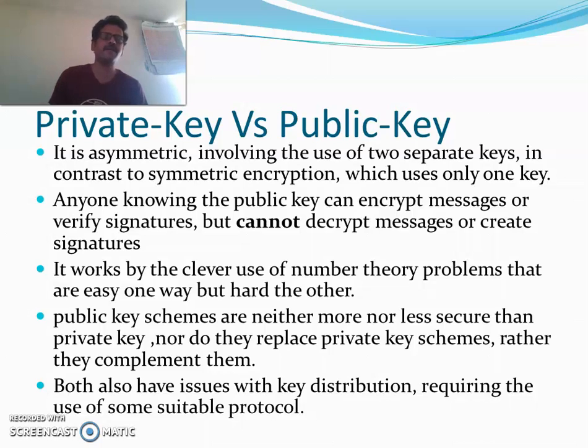In the case of private key cryptography, if the hacker deduces the key, whatever information is being exchanged by the sender and receiver can be read by the hacker. There is a security lapse in the case of private key cryptography.